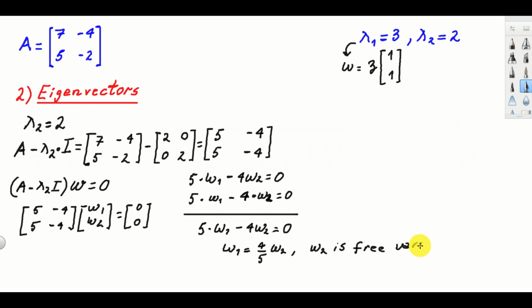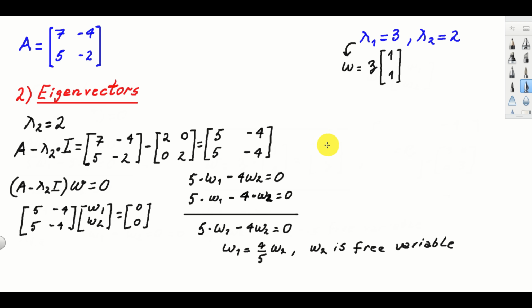Okay, this is very important. Again, all this means that we have an infinite number of eigenvectors for lambda 2 is equal to 2. We can simply select any real number for w2, and w1 is simply computed like this.